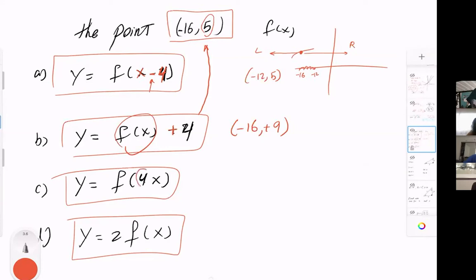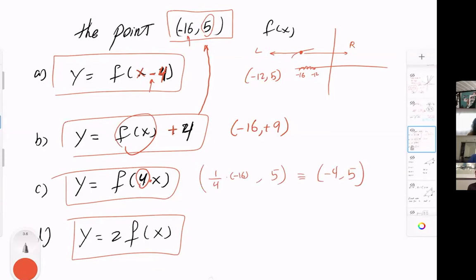Again, we have inside, but it's multiplication. We do reciprocal 1 over 4 and multiply it by the x. So this will be 1 over 4 times negative 16, comma 5. This will be negative 4, comma 5.